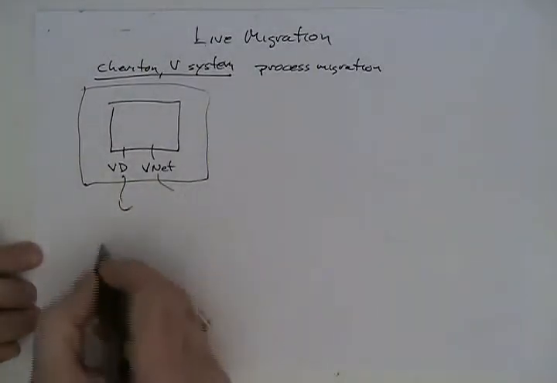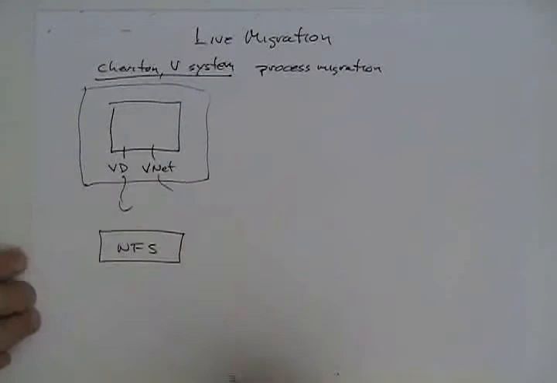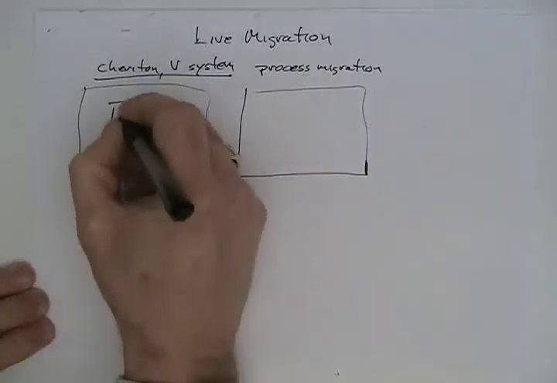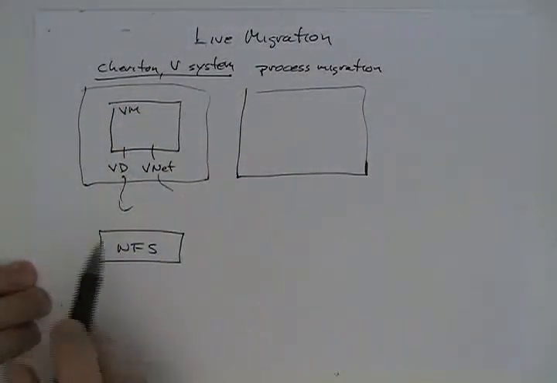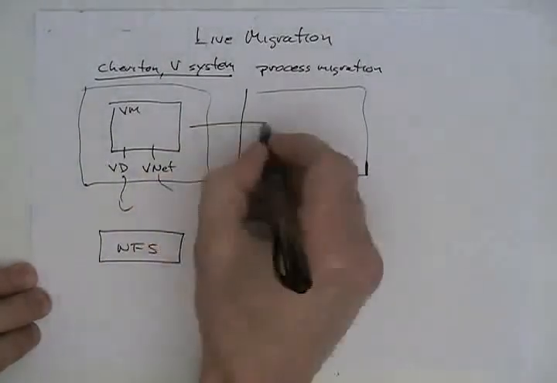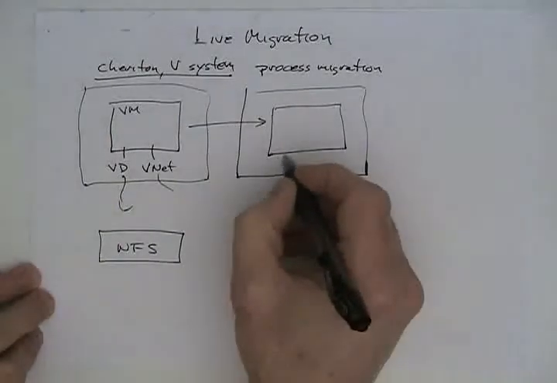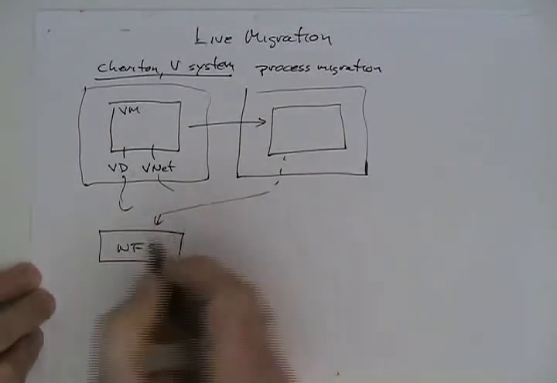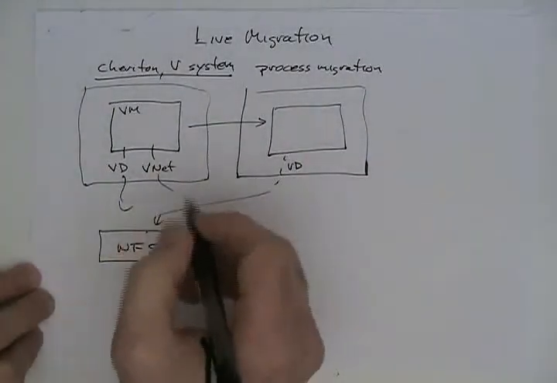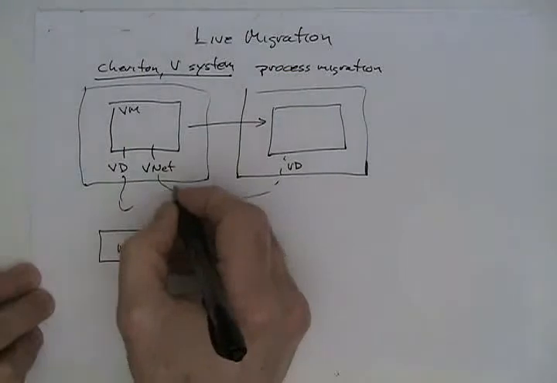The virtual disk, say we stored that on an NFS server, then you could imagine if you were to stop this virtual machine from executing, copy all of its memory and CPU state to another machine, connect the virtual disk to the same file on the NFS server, and finally, this virtual network device has a certain Ethernet address.